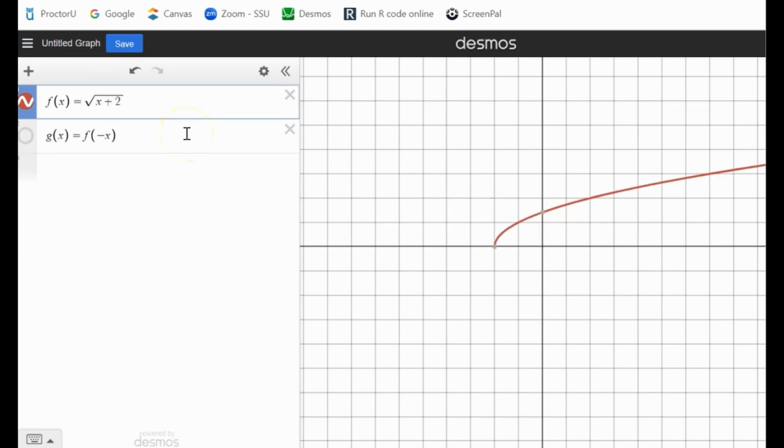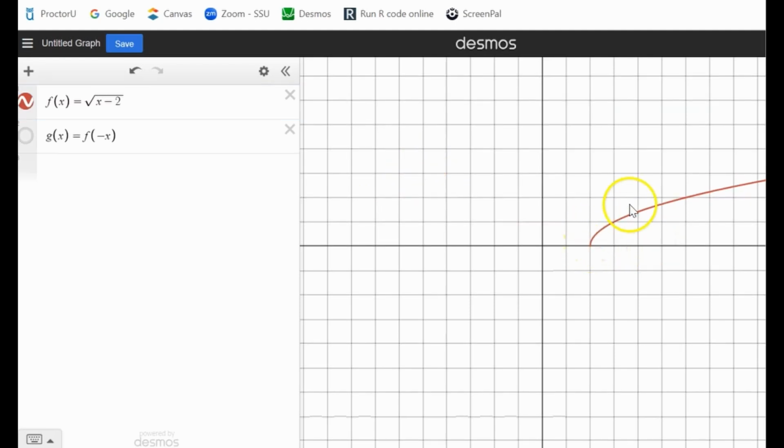Another interesting way to look at this is if we looked at something that was, instead of the square root of x plus 2, how about the square root of x minus 2? So you can see that it starts here and it goes off to the right. If we reflect across the y-axis here, this point should be reflected over here.